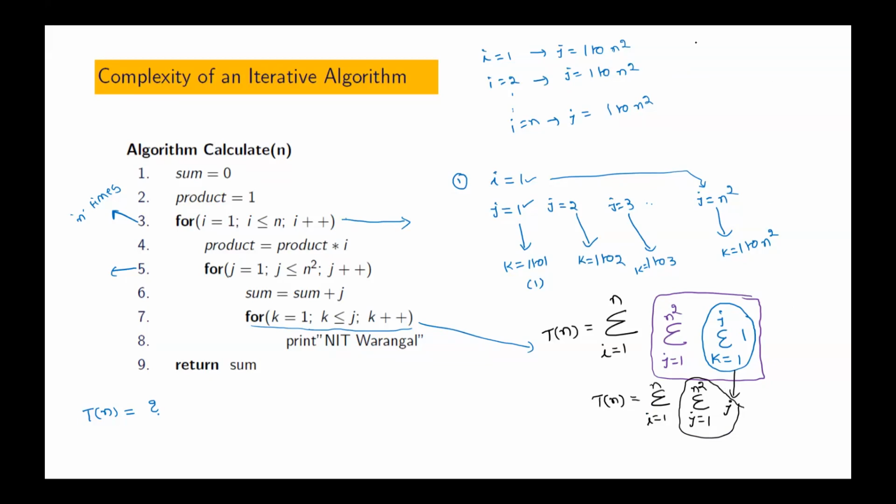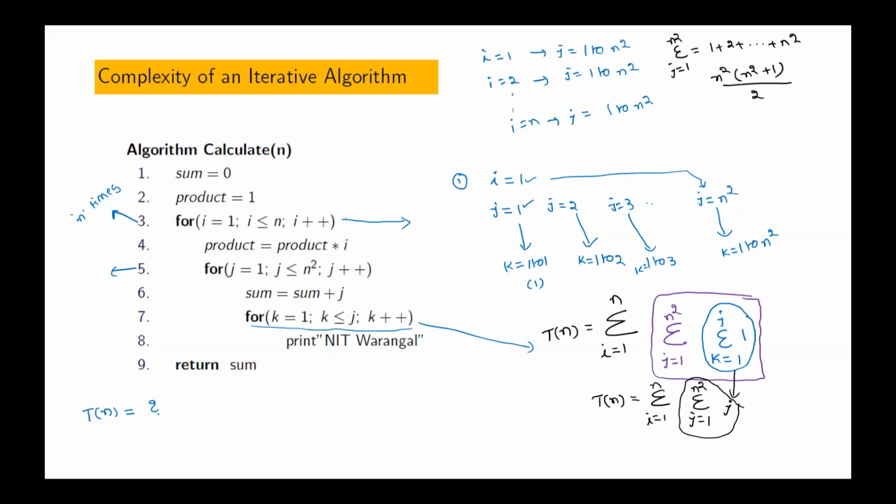Let me write here: sigma j equal to 1 to n square, it is 1 plus 2 plus and so on up to n square, so it is n square into n square plus 1 by 2. Is that correct?